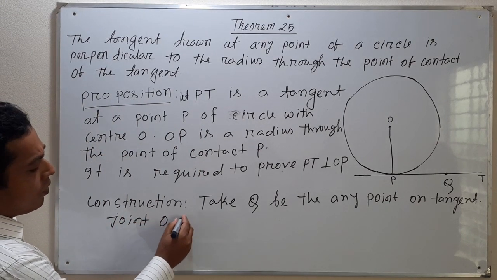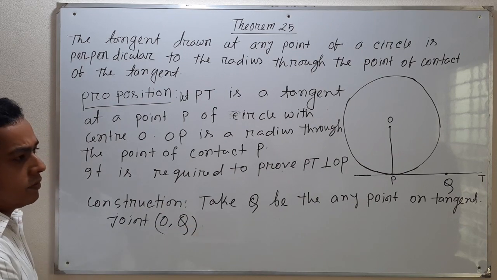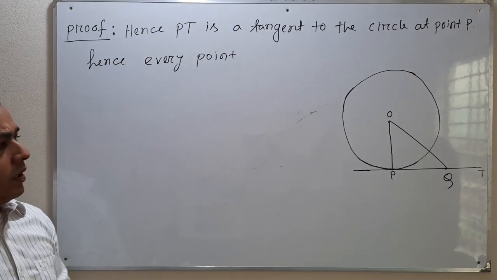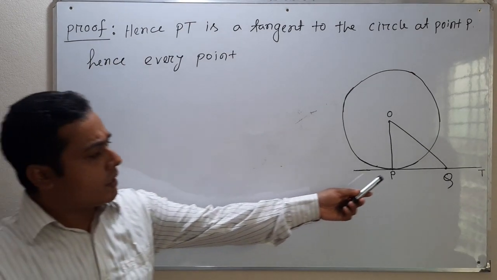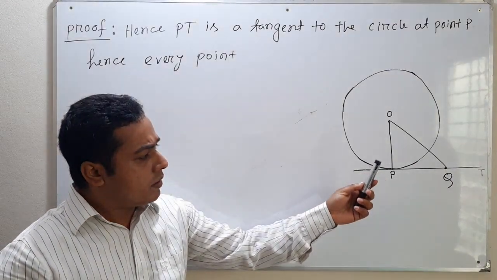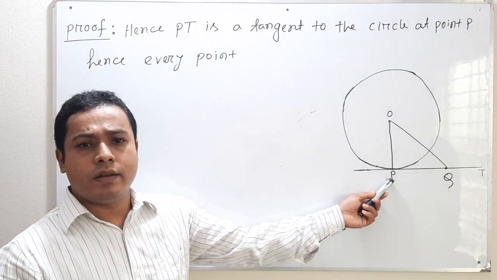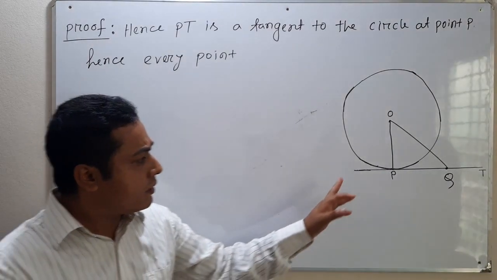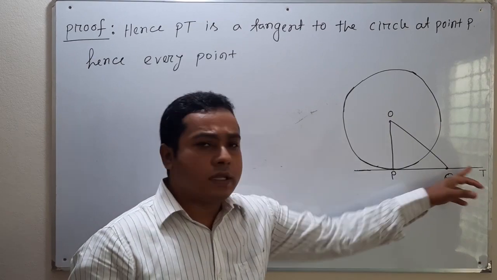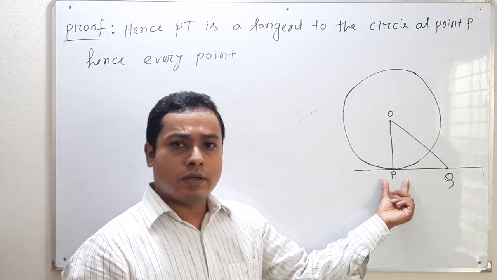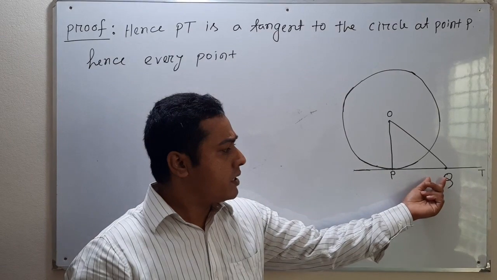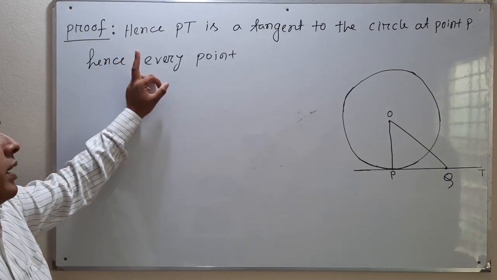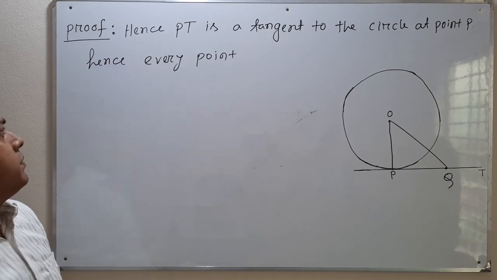Join O, Q. Here it is a tangent at a point P. A tangent of a circle must touch only one point of the circle. So if we take any point on this circle except P, then this point must be lying outside the circle. Hence PT is a tangent to the circle at a point P.